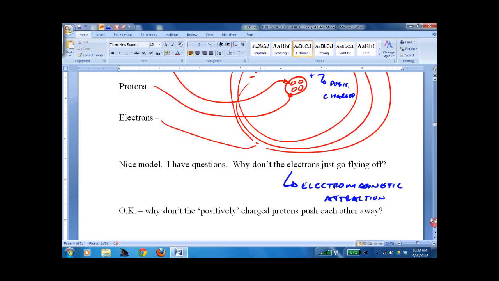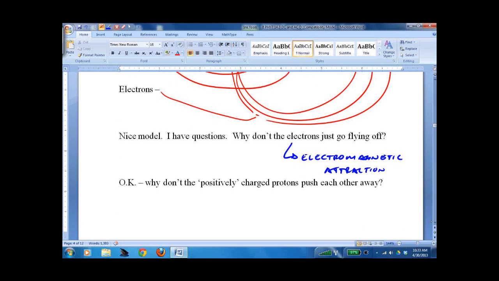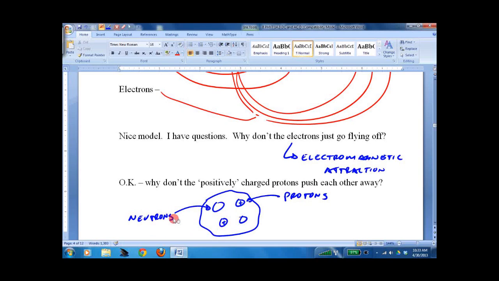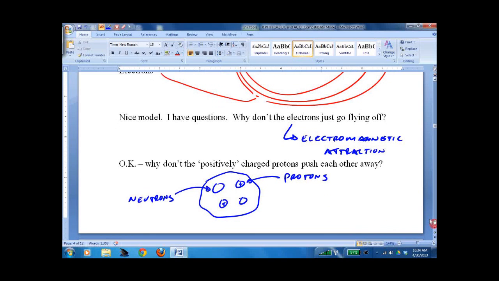So, all right, in the nucleus, I'll draw it bigger, we have positive protons and neutral neutrons. No charge. So why don't the protons take off?